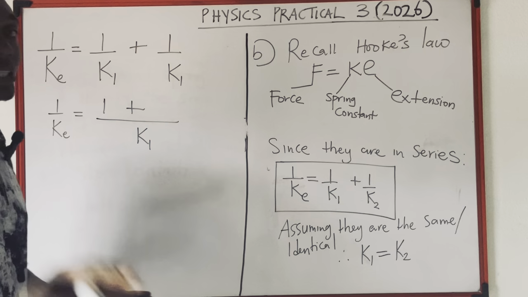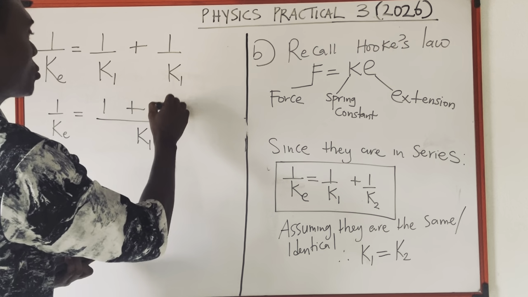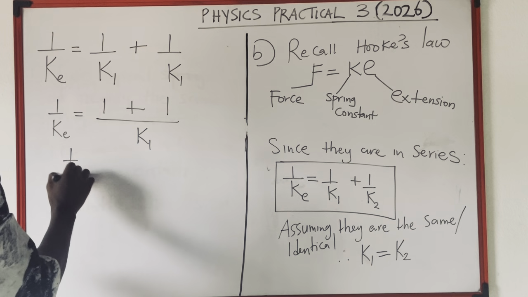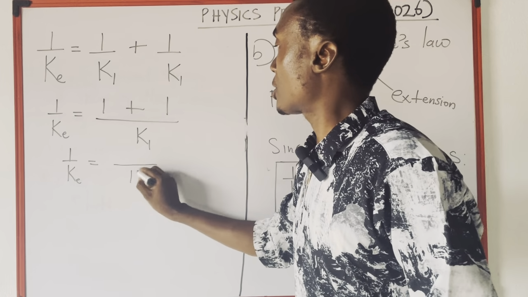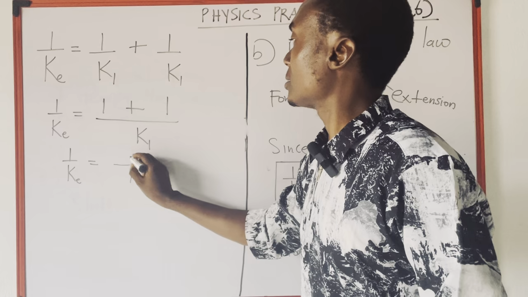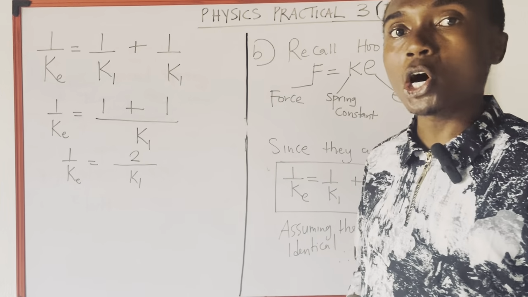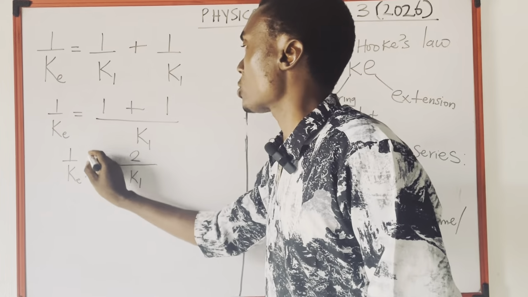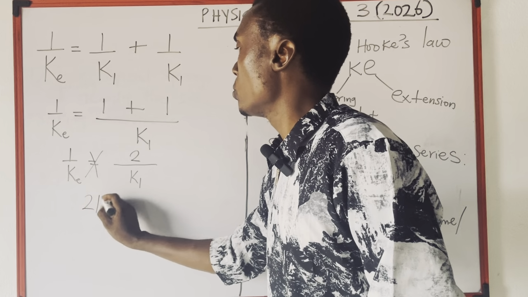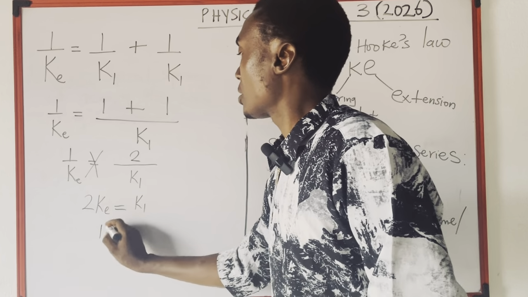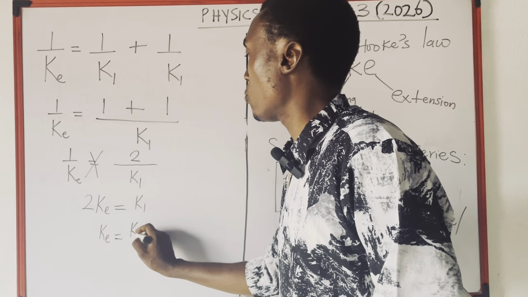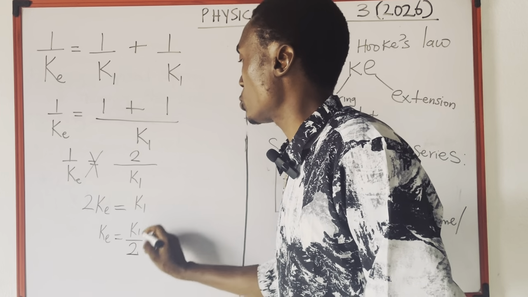K1 cancel K1 is 1 times this one here is 1. So 1 over Ke is equal to 1 plus 1, 2, over K1. We can now cross multiply, so we have 2Ke is equal to K1. Ke is equal to K1 divided by 2.